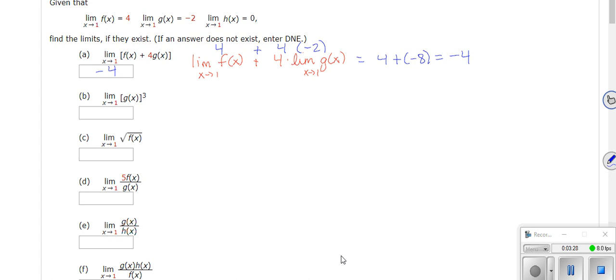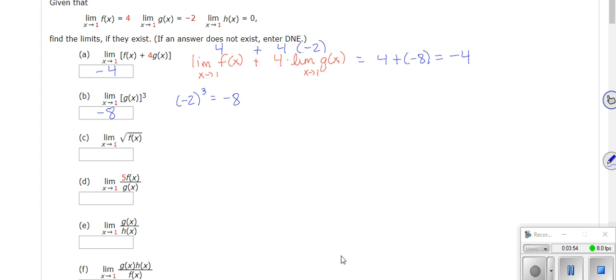This is the same thing as part B here. The limit of g of x as x approaches 1, cubed, is going to be g of x is -2, so this is -2 cubed, or -8. You're literally just substituting in the limit and then taking the operation.